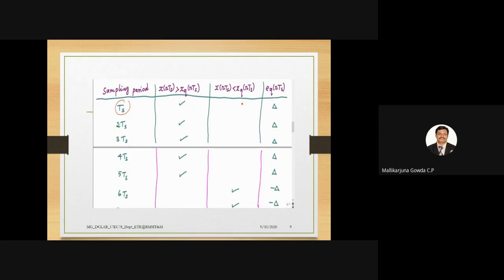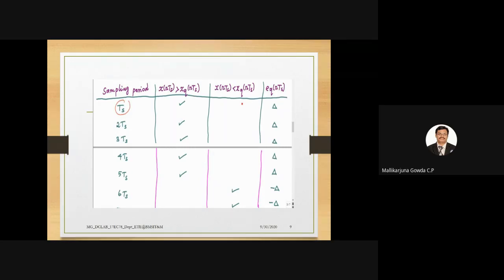See, the sampling period you can write as Ts, 2Ts, 3Ts, 4Ts and all, and X of nTs, the original analog sample, is compared with the approximated value. If it is greater, then I said e_q of nTs is delta, right? It will be incremented by delta. For all these cases, it is positive only, so it is incremented by delta only.